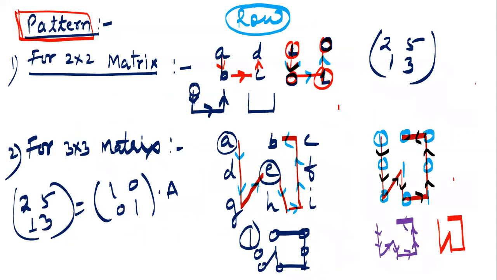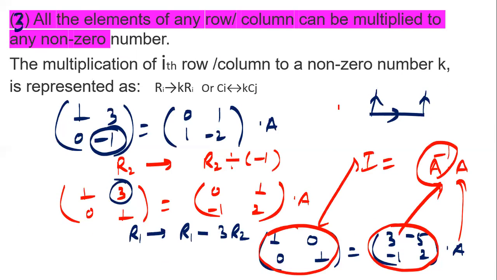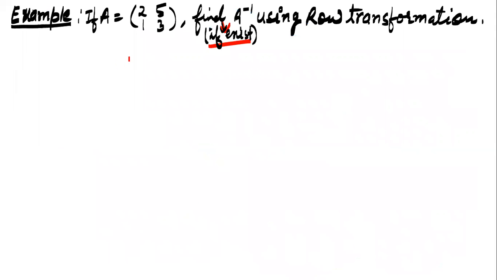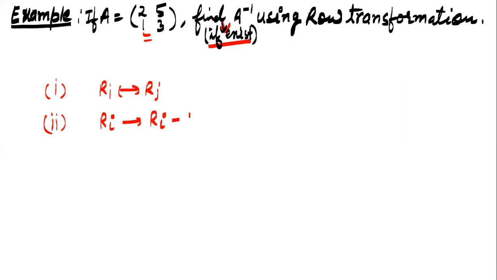So what are the things we have to keep in our mind? Number one, first is we can interchange any rows according to the requirement. Second, we can add or subtract the multiple of any other row or column.